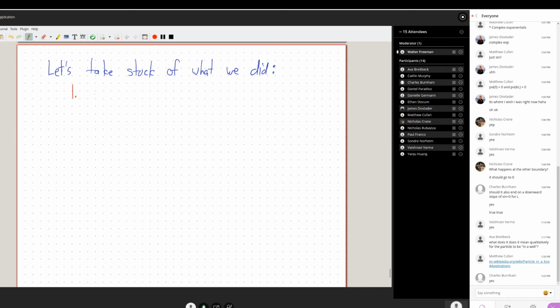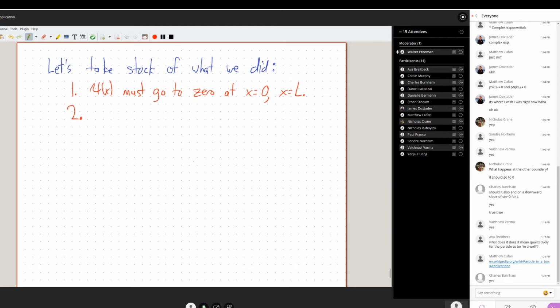The first thing we did was we saw that psi of x must go to 0 at x equals 0 and x equals L. The second thing we did was we said inside the well we have that as the Schrodinger equation, and that tells us that psi of x must be sine or cosine.